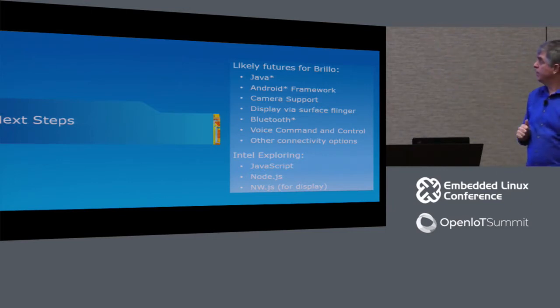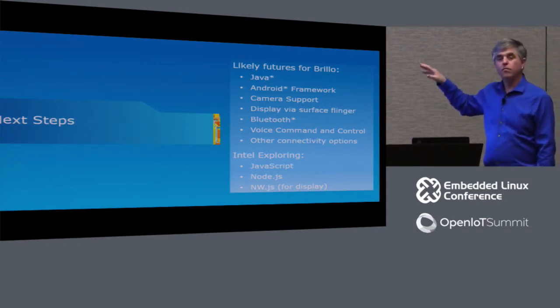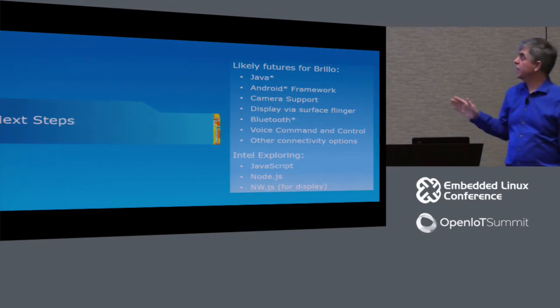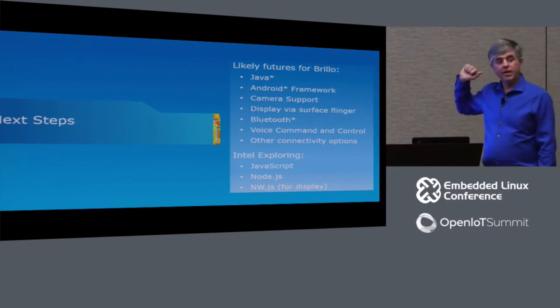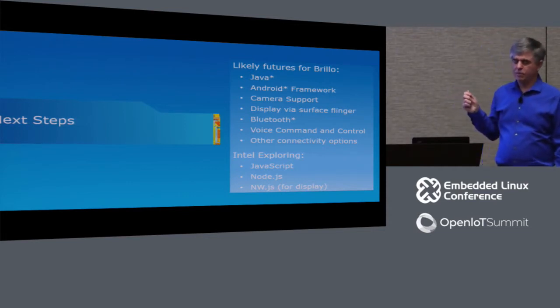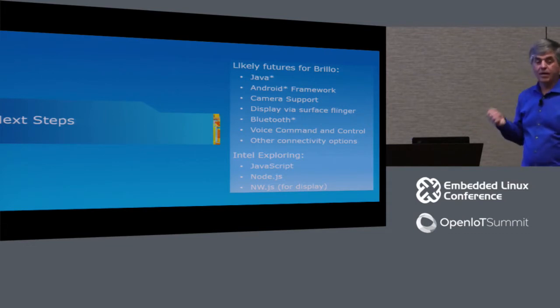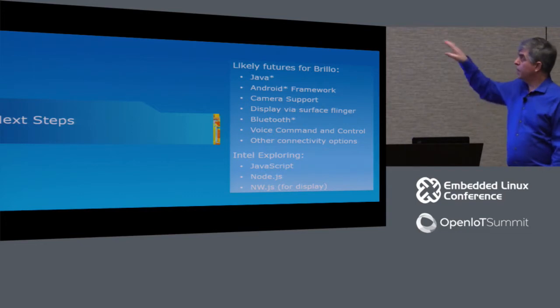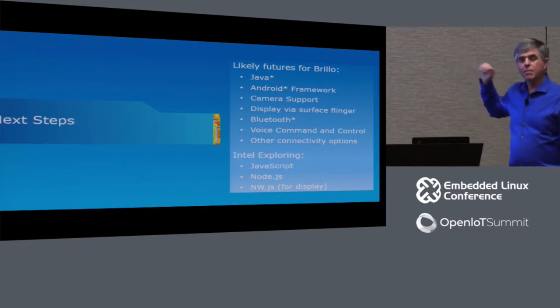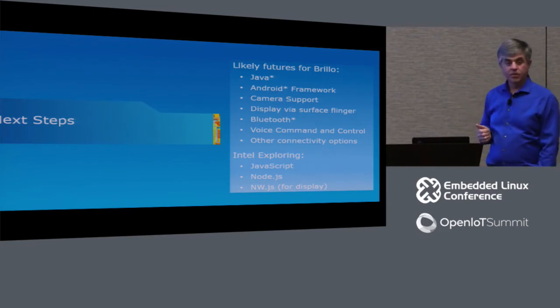Camera support is important. I think camera in IoT is just going to be very, very useful for everything from baby monitors to DSS. Display, I don't think you're going to need quite as much performance and interactivity as you have on something like an Android. Otherwise, go ahead and use Android. But you're going to need some display activity. That might be control panels, where you touch buttons to start your dishwasher.